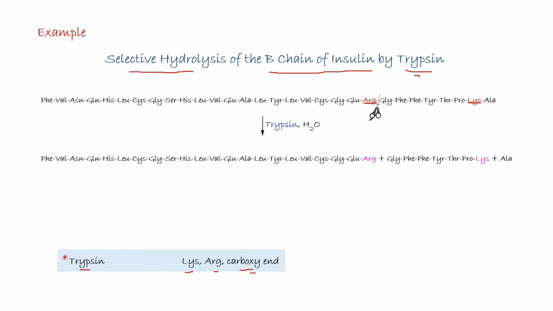So we cut in here and we cut in here, and we end up with three pieces. One fragment, arginine, will be the C-terminal end, and another fragment where lysine will be again the C-terminal, and alanine.